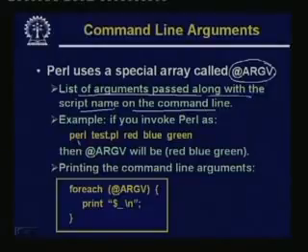See, normally when you run a Perl program, on the command line you type perl, which is the name of the Perl interpreter, followed by the name of the Perl program. But when we talk about command line arguments, we are saying that when you are running it, in addition you are specifying something on the same line, red, blue, green. This can be some additional parameters.